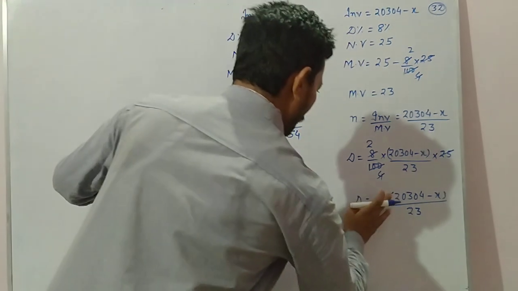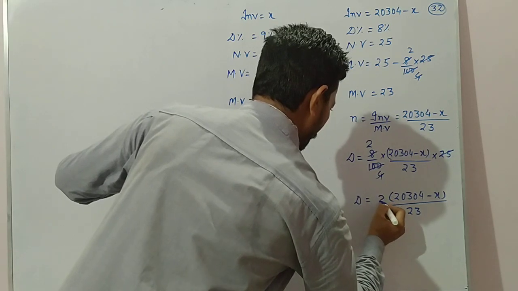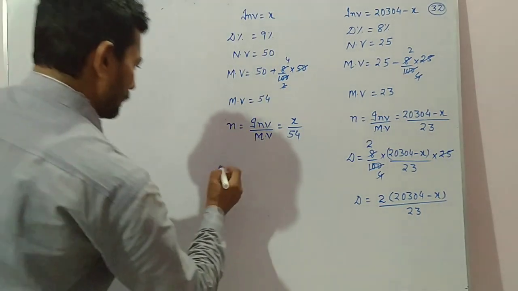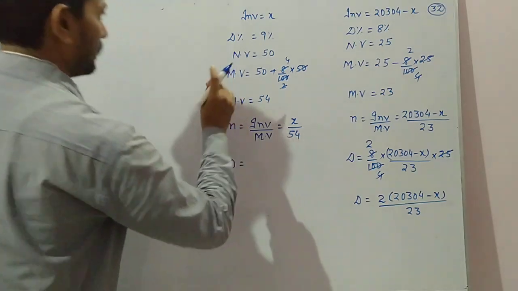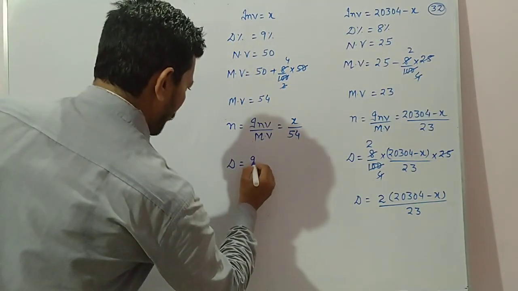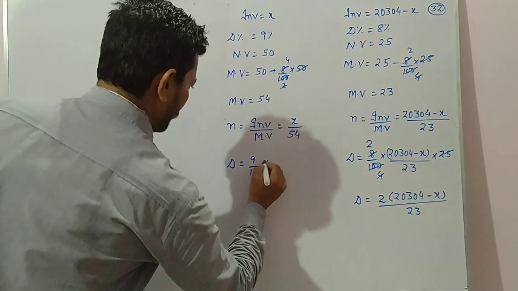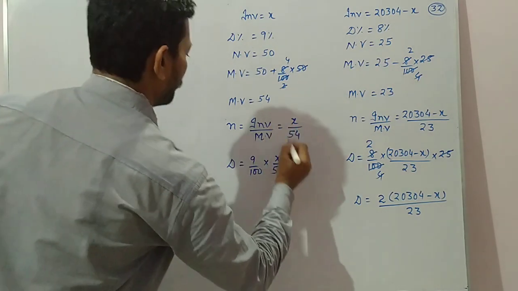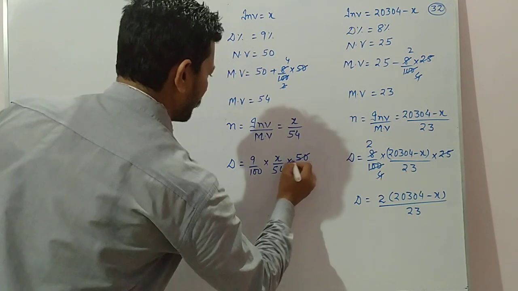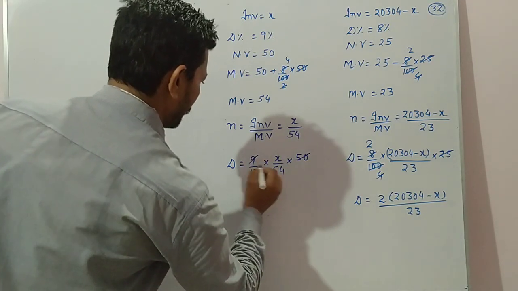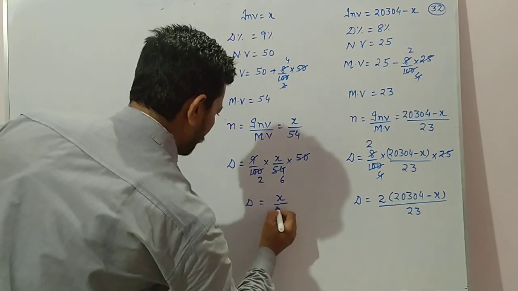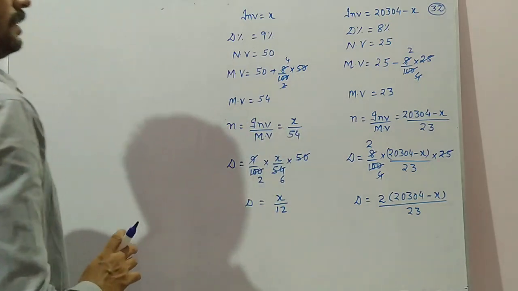Okay, now you will find the dividend of this part also. So here the dividend is dividend percent 9 by 100 into number of shares into nominal value, that is 50. This is 2, 9 6 are 54. Dividend is x by 12.